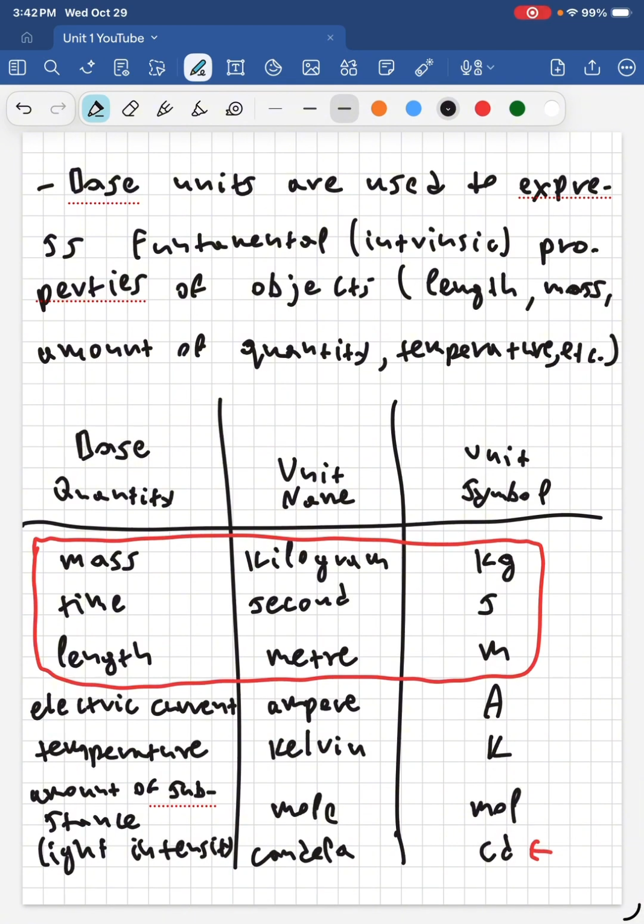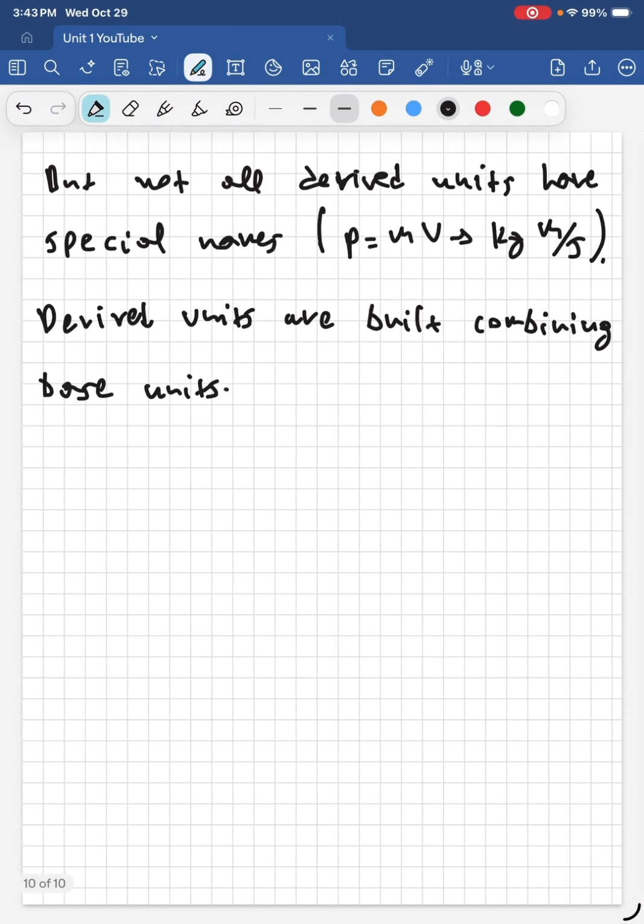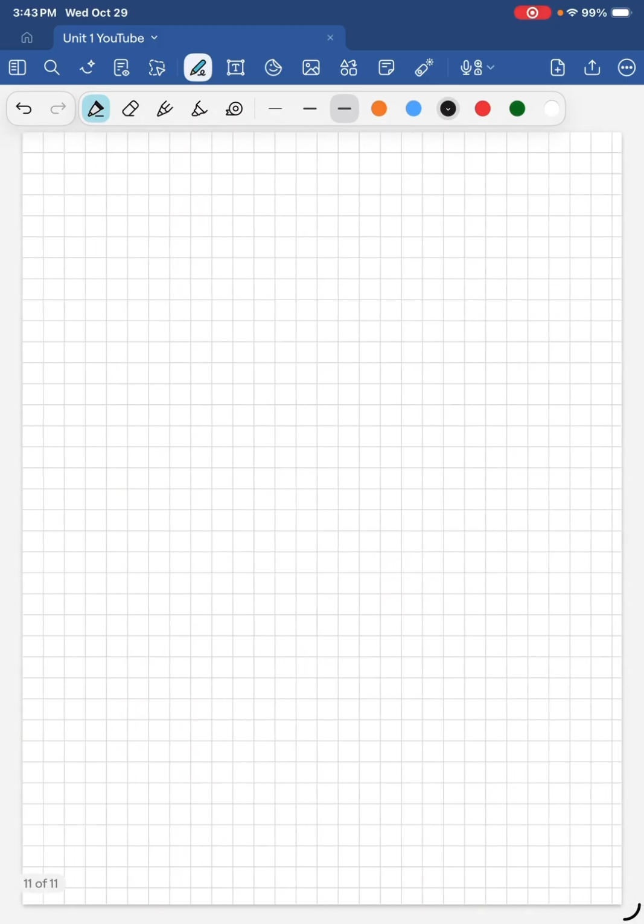Now, let's list some popular derived quantities, derived units. Let's do a clean page. I'm going to create a table again. Derived quantity will be the first column of this table. Unit name will be the second column.